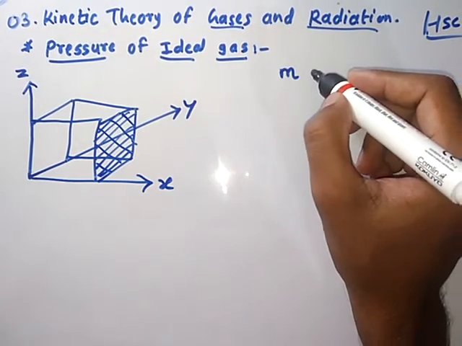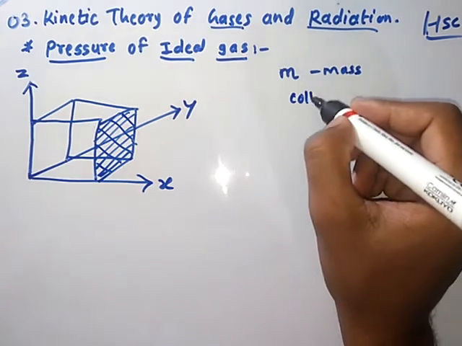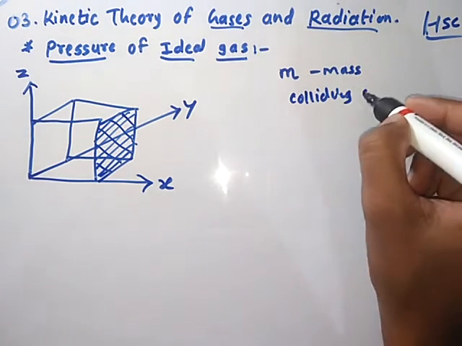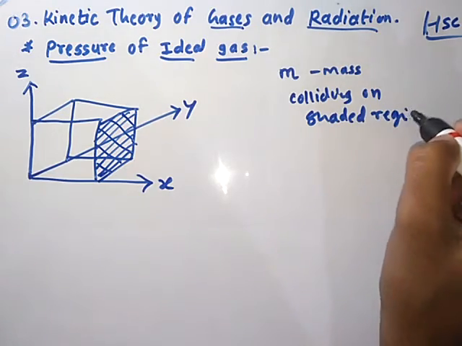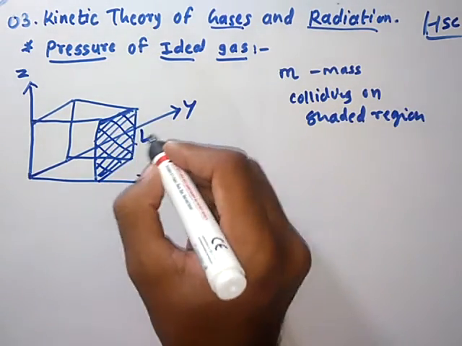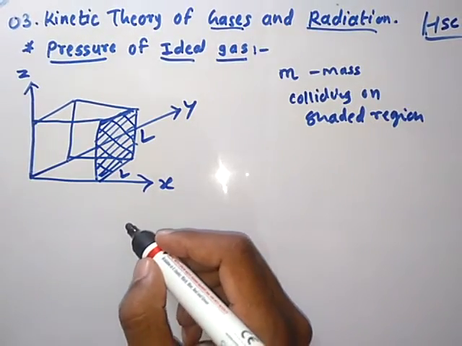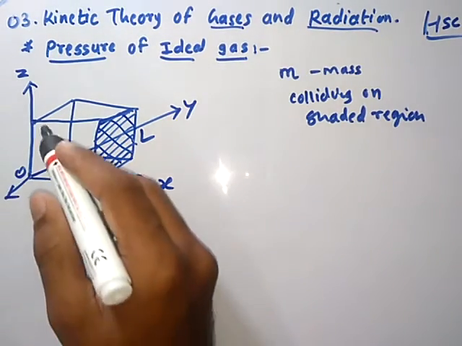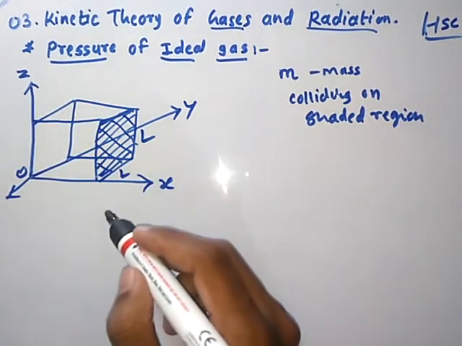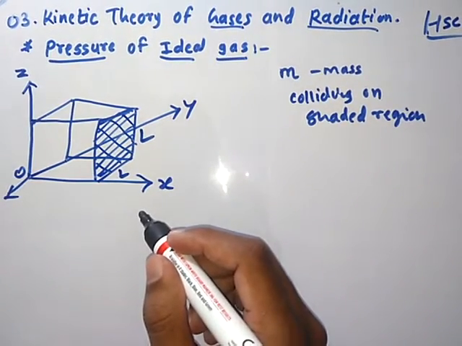Here m is the mass of the molecule we consider colliding on the shaded region. The shaded region has side L, and since it is a cube all the sides are the same. This is the origin of the coordinate system. All the planes of the cubical box are parallel to the coordinate axes.